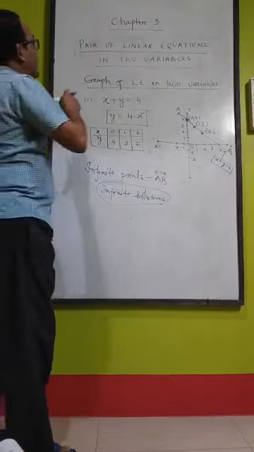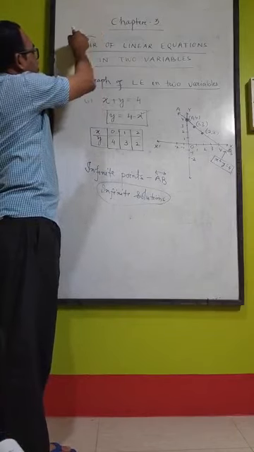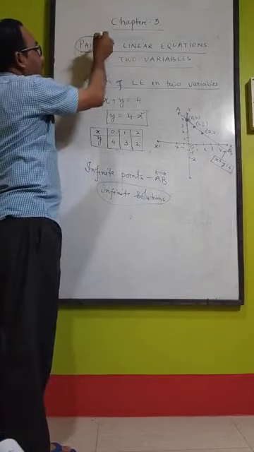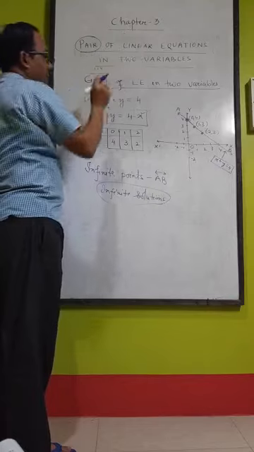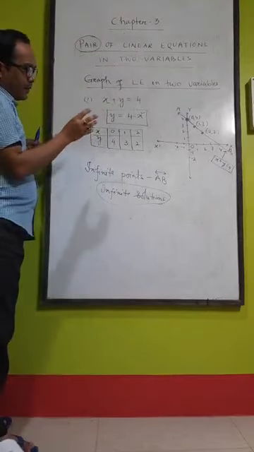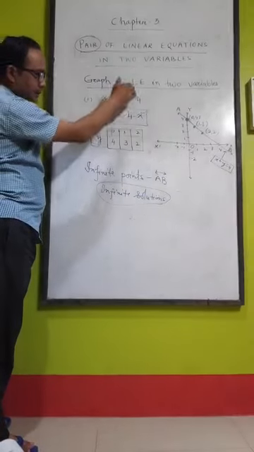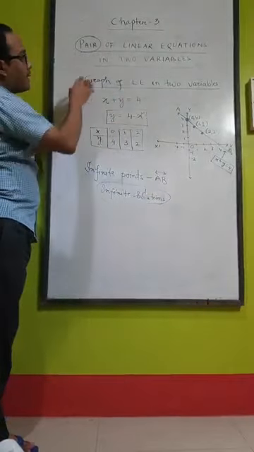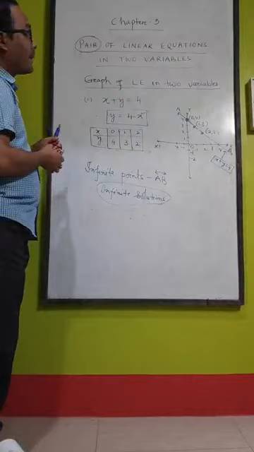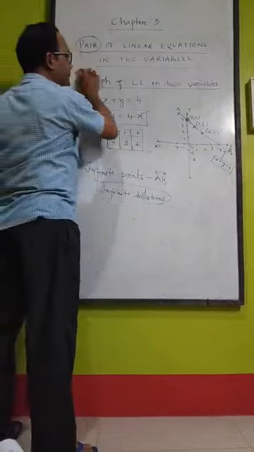But in class 10, here is a very important word: pair. Pair of linear equations in two variables. So, remembering that the graph of a linear equation in two variables is a straight line, now you think of a pair of linear equations.